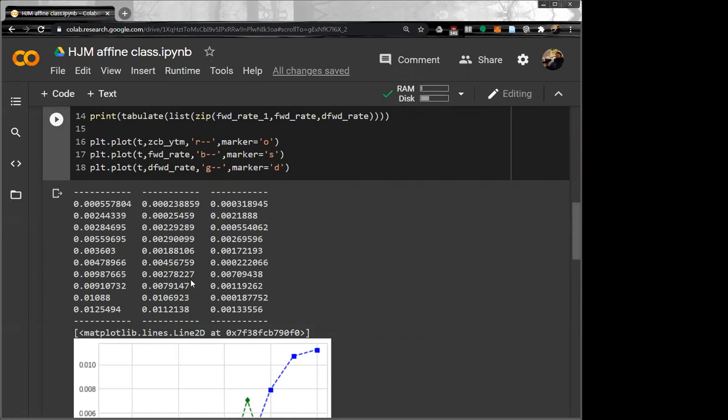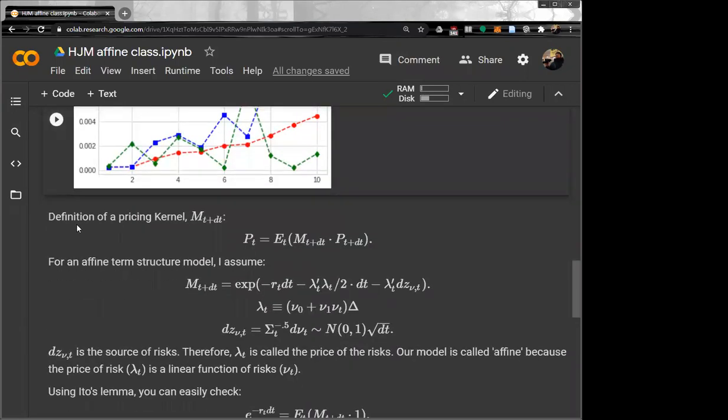Now next we learn a very important concept called the forward pricing kernel. The definition of pricing kernel. In finance, we have a field called asset pricing. Basically we have corporate finance and asset pricing, the two primary subfields of finance.